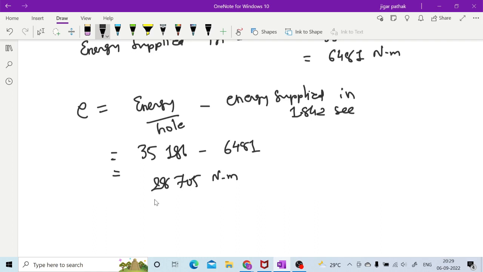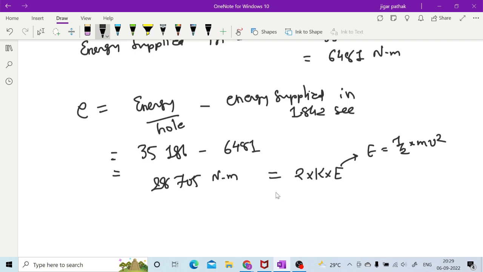Now once you have this energy with you, then you can equate it to 2 into k into the energy, that 1/2 mv square. This particular energy is actually equal to 1/2 mv square, right?